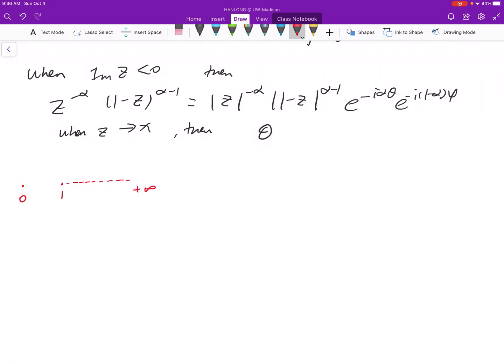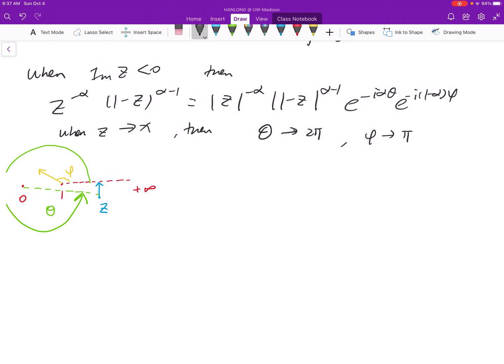the graph like this, z. So the angle phi is this one. Angle theta is all the way around to this one. This is theta. Okay, then when you take the limit from below, you have theta goes to 2 pi, phi goes to pi.